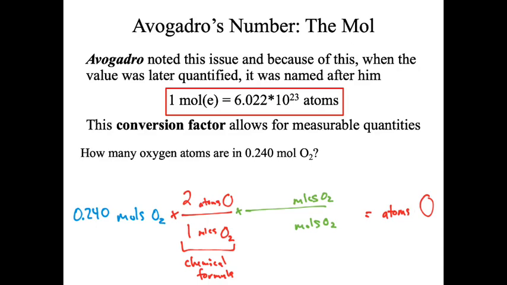I also have to cancel out the moles of O2. So I could recognize that moles of O2 needs to show up in the denominator so that I can get that long distance canceling. I could also look at the question and ask, was I just given molecules of O2? Nope, which means I'm going to have to do a conversion. I have to find something to relate that to. Where's that conversion found?